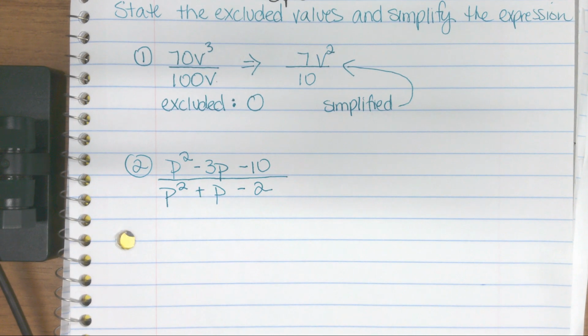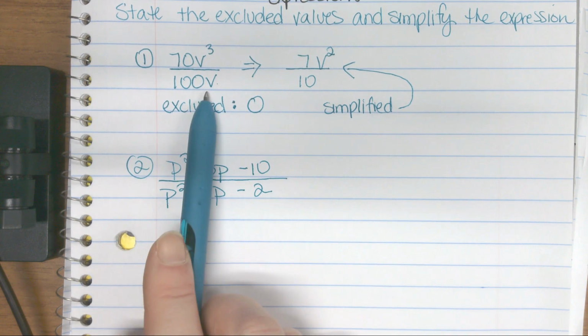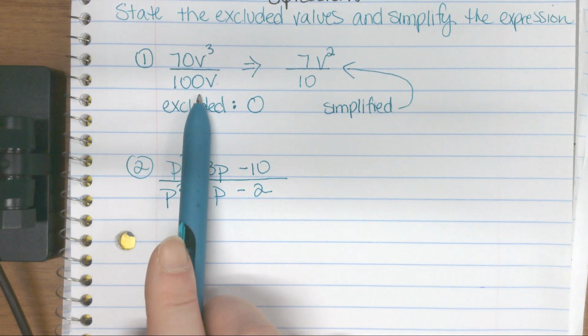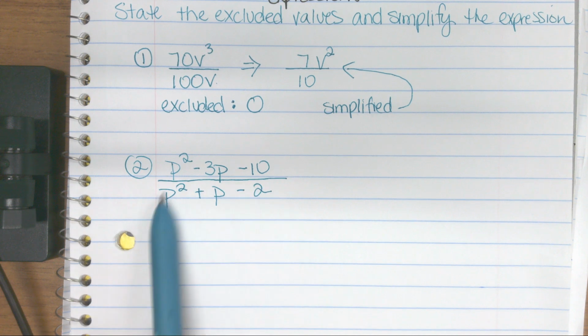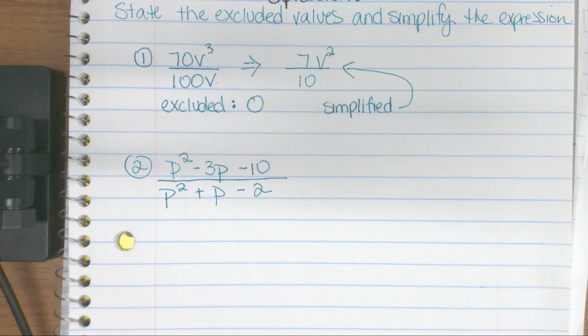On something like the one above, it was pretty clear: if we put 0 in, 100 times 0 would be 0. This is not very clear. So to figure out the excluded values, we're going to factor both the numerator and the denominator.